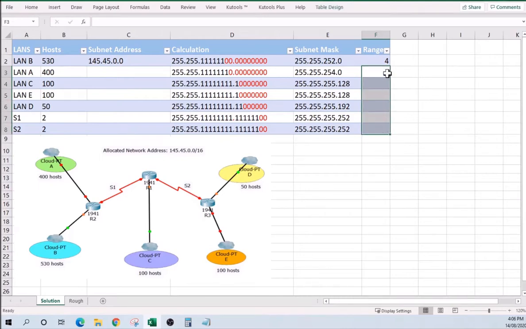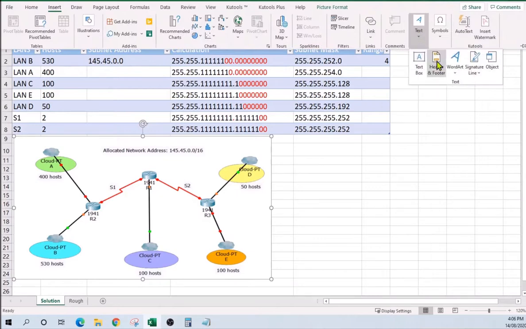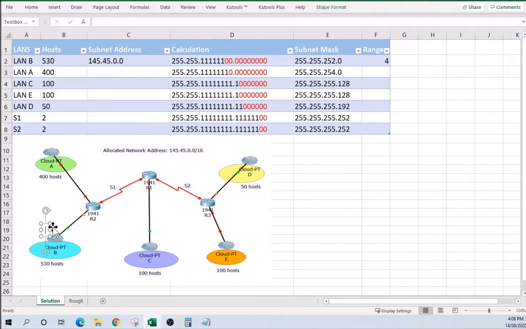I'm going to delete those. So the value of 4 is the range. Let me write down the network address for LAN B first. 145.45.0.0 slash how many ones? 22.